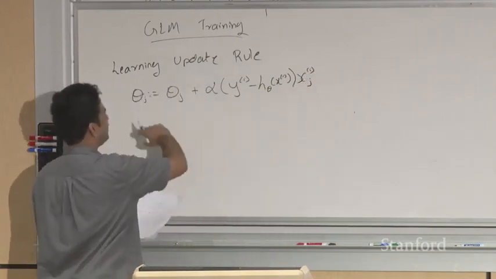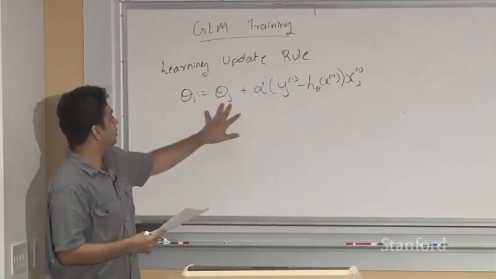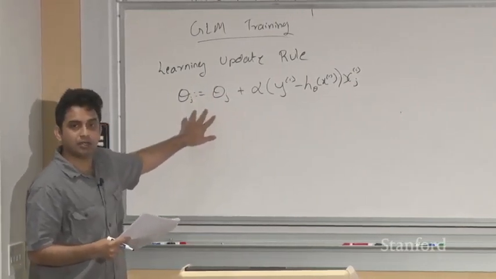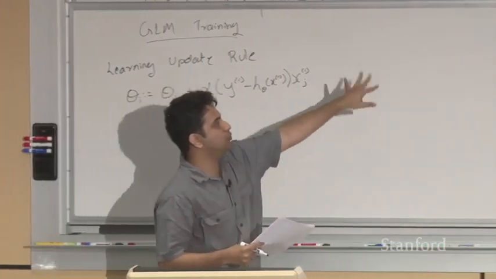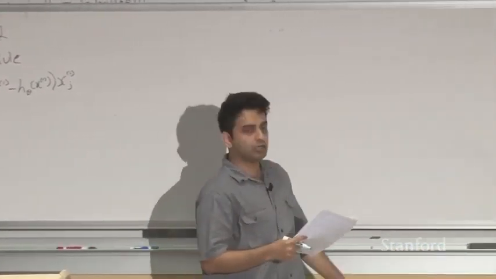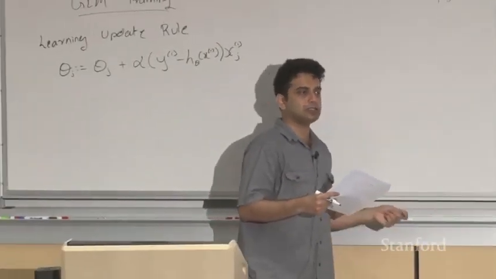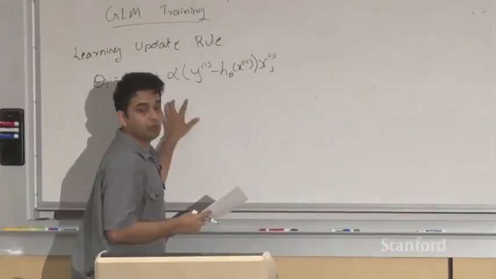You guys have seen this so many times by now. So you can straight away just apply this learning rule without ever having to do any more algebra to figure out what the gradients are or what the loss is. You can go straight to the update rule and do your learning.